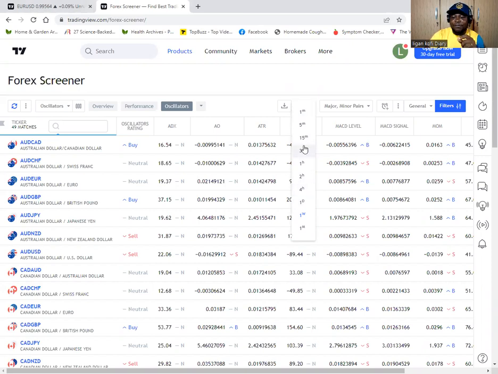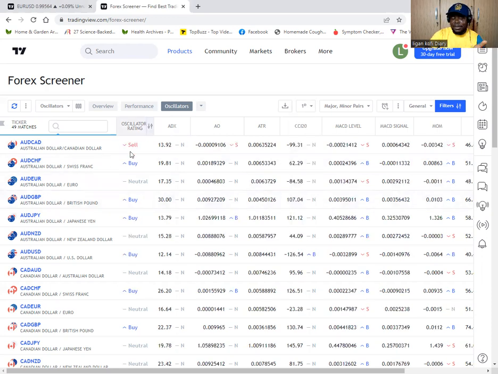If you have paid for TradingView, you can use the 1 minute, 5 minute, 15 minute, 30 minutes. But if you are using the free version, you can only use the daily, the weekly, and the monthly. So when I click on daily, you see these are the daily results. It's on 1D, which means the time frame I'm using is daily.